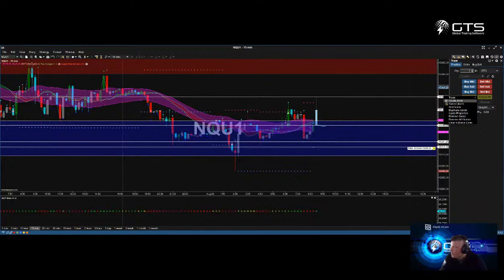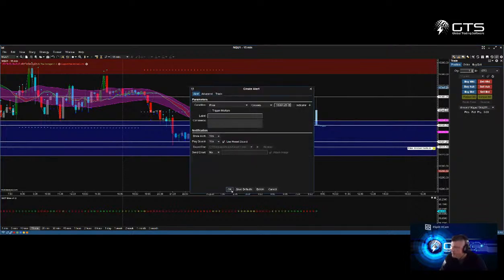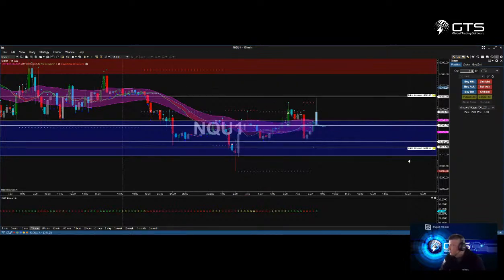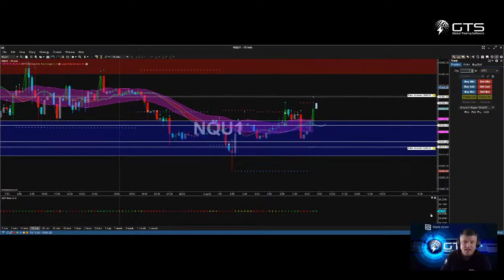Wait for 6 stars. Wait for a break of the range and all that stuff. Depending on what your trading style is, you may be up $10,000 right now. All right, so all the 15 minutes are done.